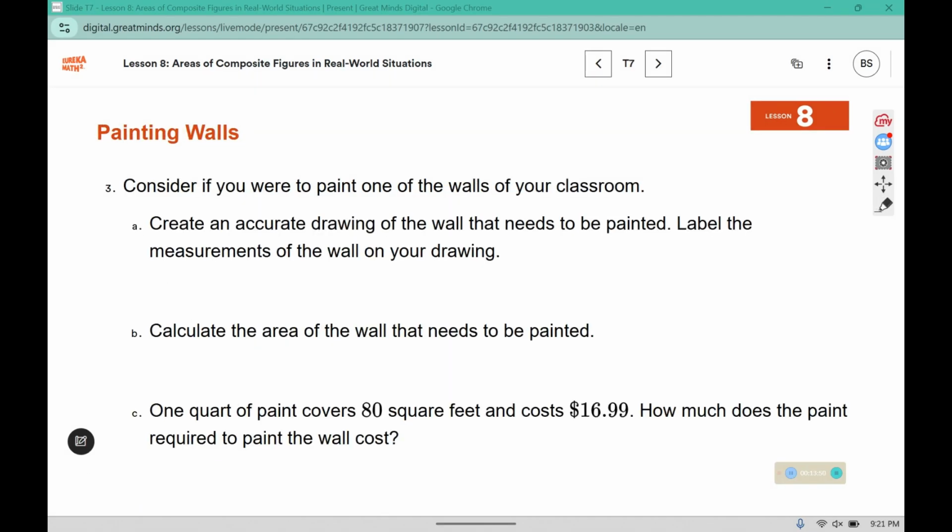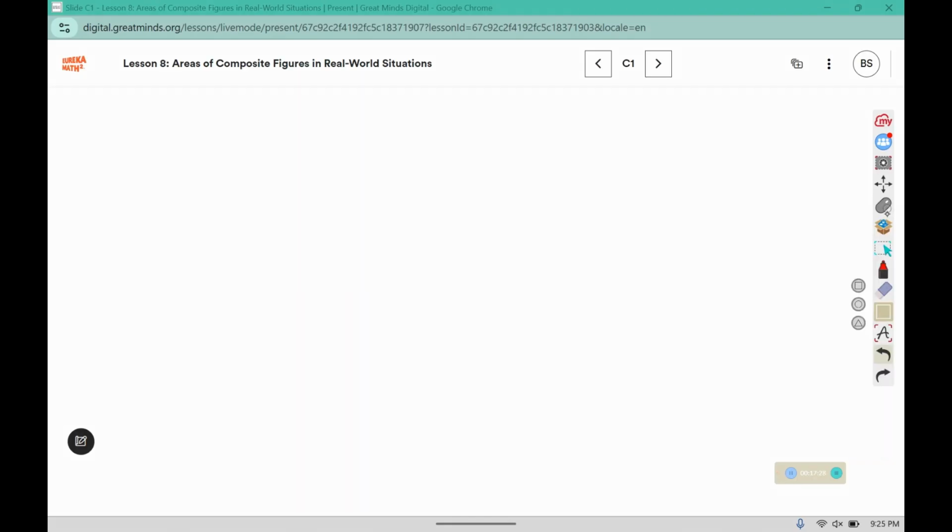Consider if you were to paint one of the walls of your classroom. Create an accurate drawing of the wall that needs to be painted. Label the measurements of the wall of your drawing. I'm going to do part A on a fresh slide so we have enough room to draw the picture. Our classroom is made up of a large rectangular wall.